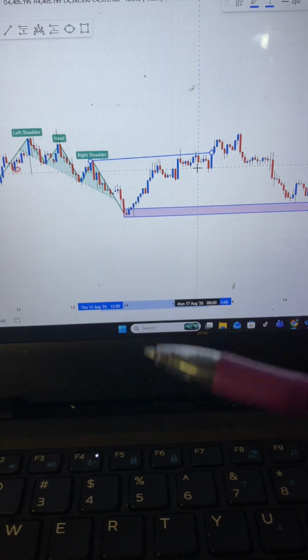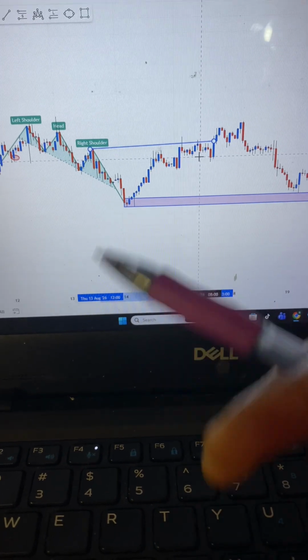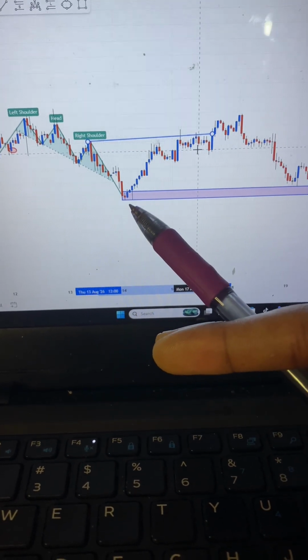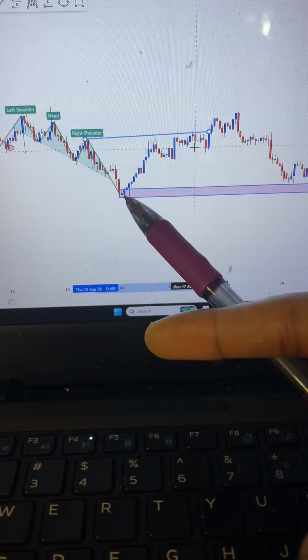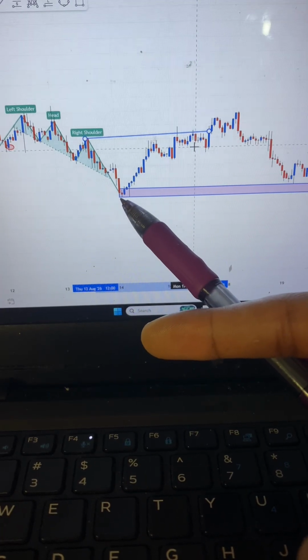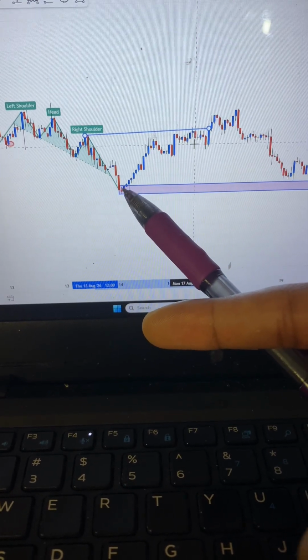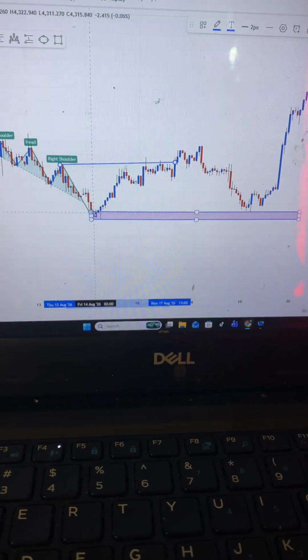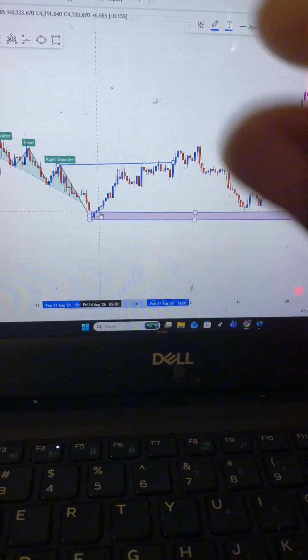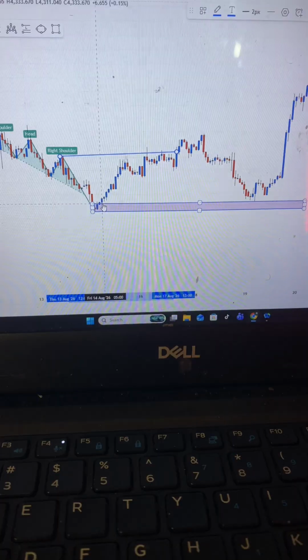I told you guys, in order to draw your order block, first you have to ensure that the candle before the shift, or before the last move, is not overlapping with this one. And right here, I can see that there's no overlap. There's a small gap. It's not big, but there's a small gap right there.